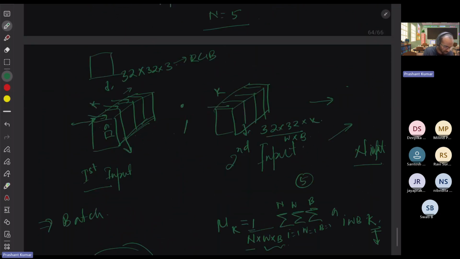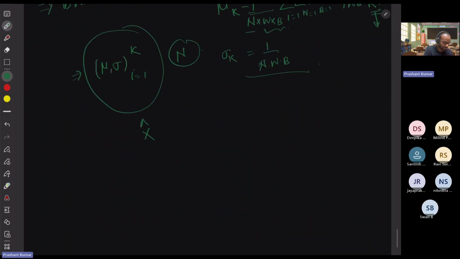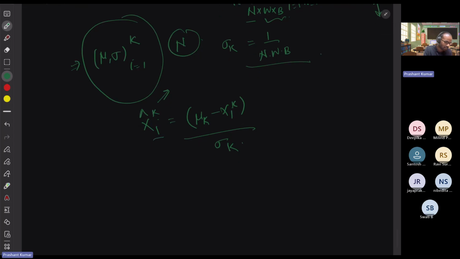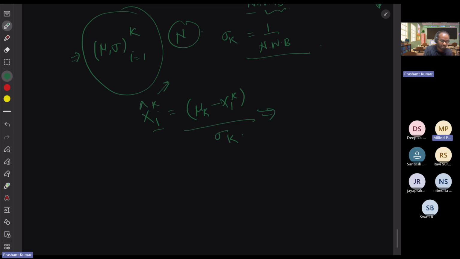Basically x_ik is equal to (x_ik minus mu_k) by sigma_k, right? For each input and each kernel. Since you have got this, you have this normalized value of input for each kernel.